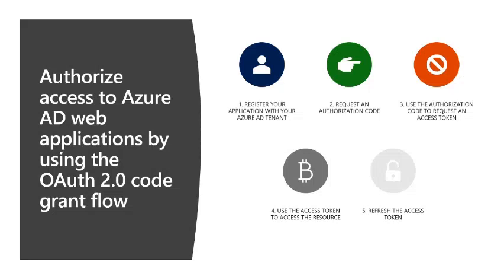Authorization code flow begins with the client directing the user to the authorization endpoint. In this request, the client indicates the permissions it needs to acquire from the user.